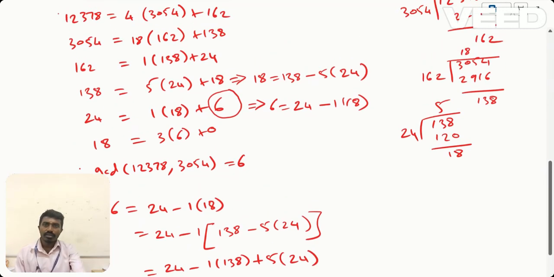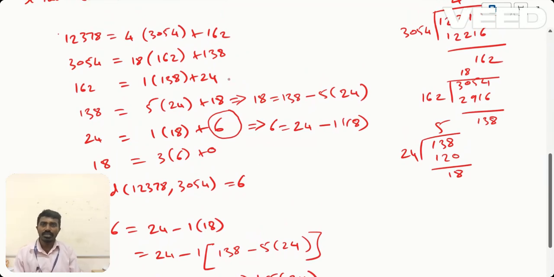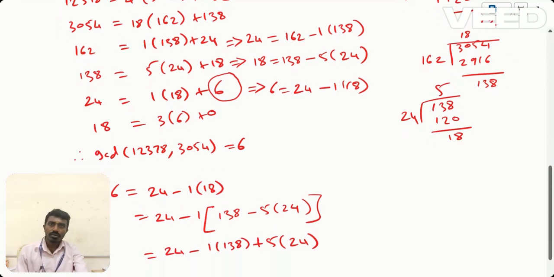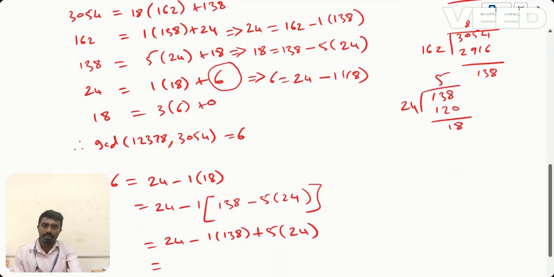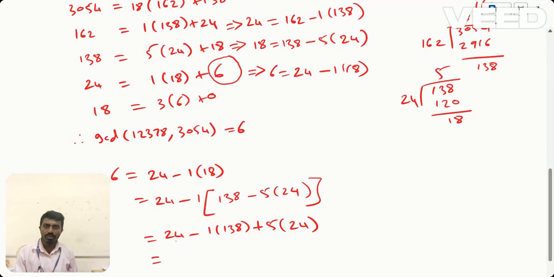The previous equation can be rewritten as 24 equal to 162 minus 1 time 138. Before substituting, simplify it. Here this is 1 time 24, this is 5 times 24, so totally 6 times 24 minus 1 time 138.